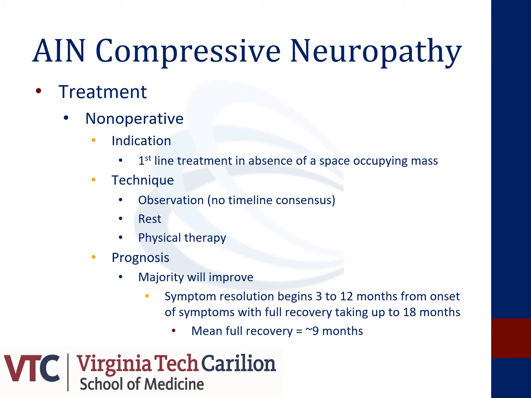The reason non-operative management is so focal to treatment of AIN compressive neuropathy is that studies have demonstrated, specifically in patients that are less than 40, that almost all of these patients will uniformly respond to non-operative management.